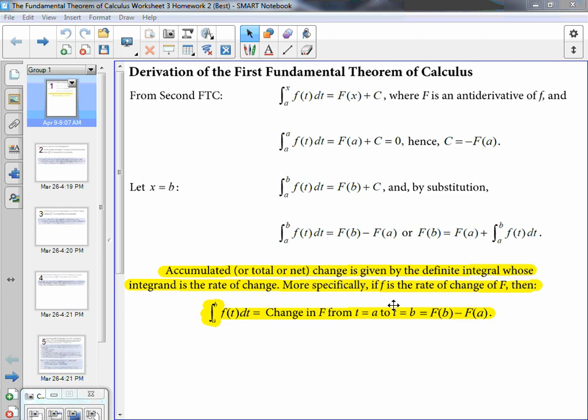Don't forget that the integral from a to a of f of t is going to equal 0, all right? Because geometrically, there's no region there to take an area of. So it would be capital F of a plus c, but it's going to equal 0. So that means that that has to happen.